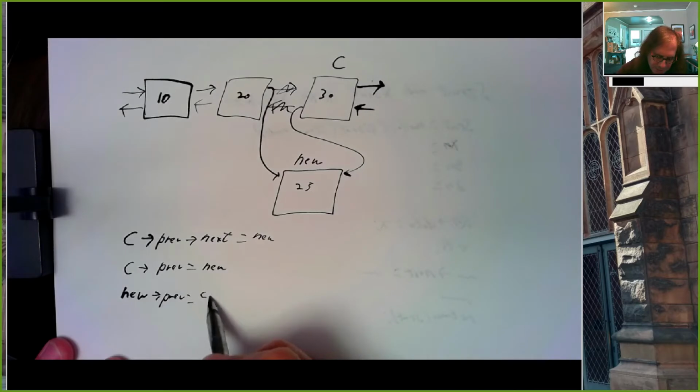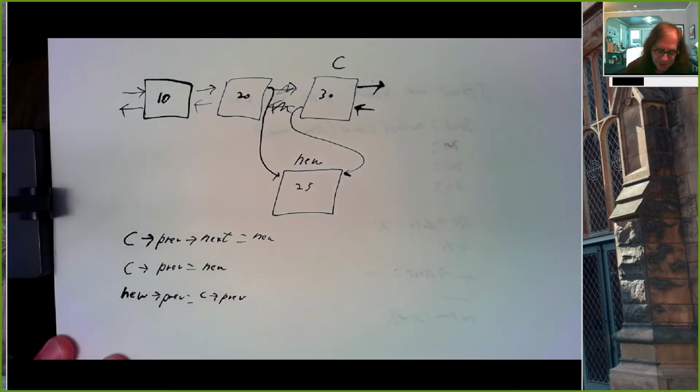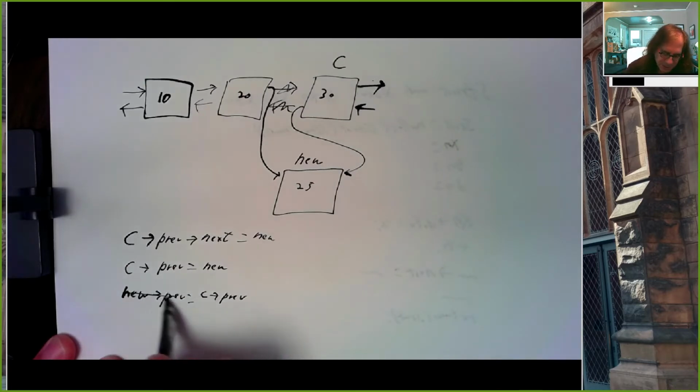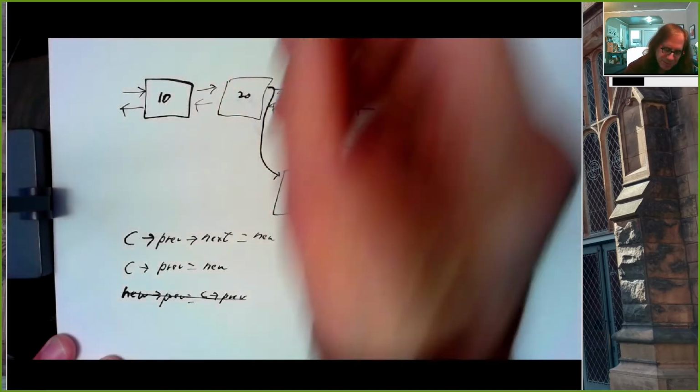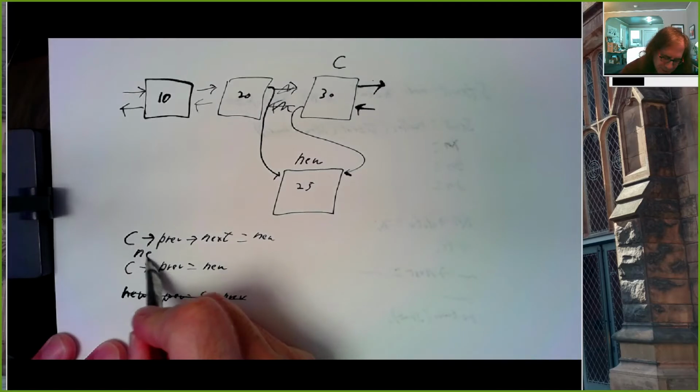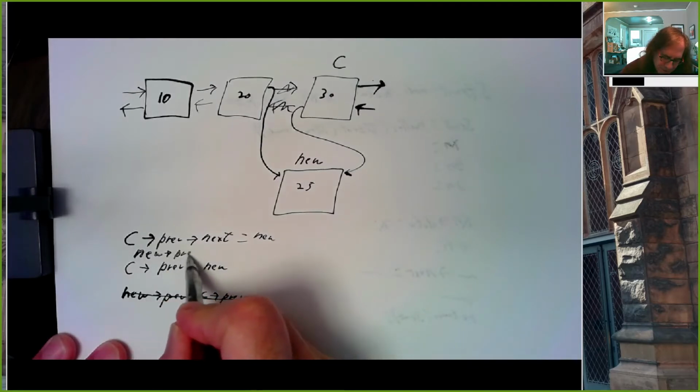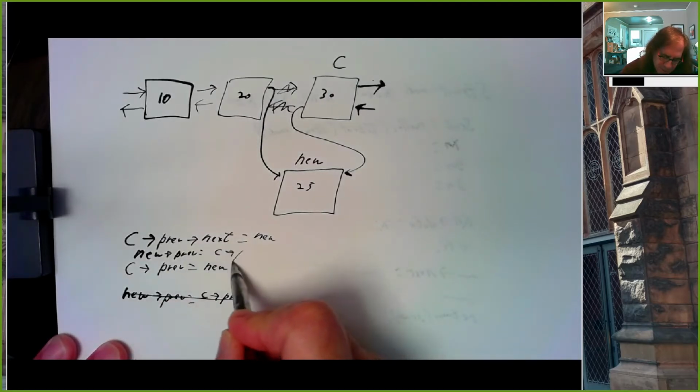Well, if I do C previous, I've got a problem because I just changed C previous. So let's actually do this before we change C previous. So let's set new previous equal to C previous.